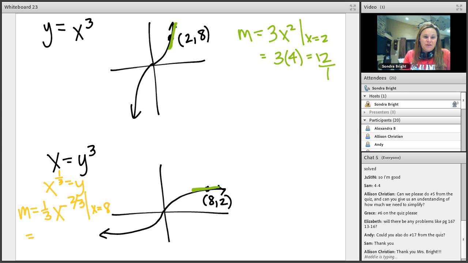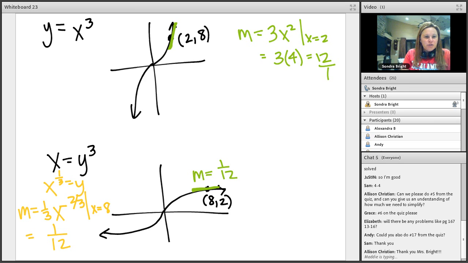The cube root of 8 is 2, squared is 4, so this is a positive 1 over 12. Slope is 1 over 12.